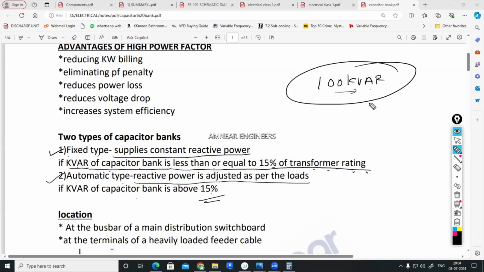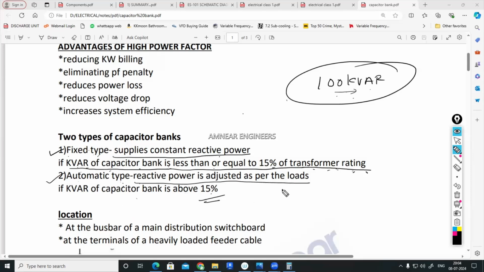But sometimes we don't need this much reactive power. Sometimes we need less reactive power, and then we cannot control that automatically. In the case of fixed type capacitor banks, this will always be the output. But if you are using an automatic type of capacitor bank, we can adjust it based on our required reactive power load.